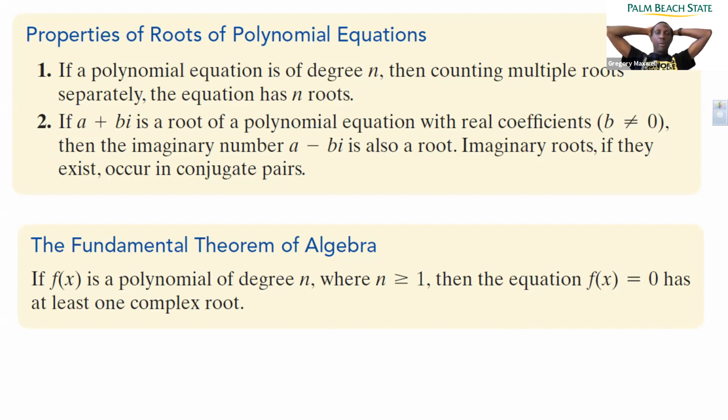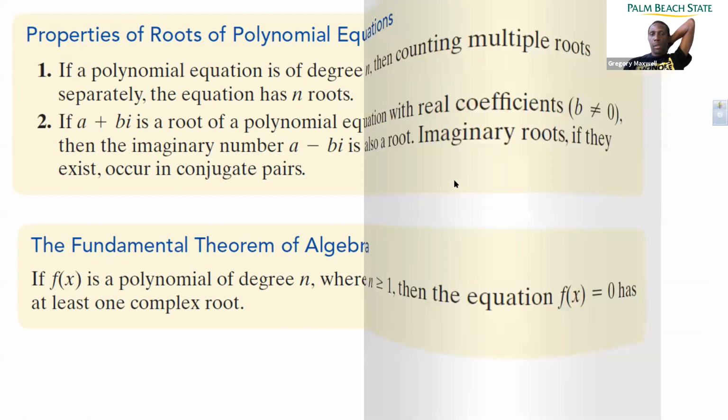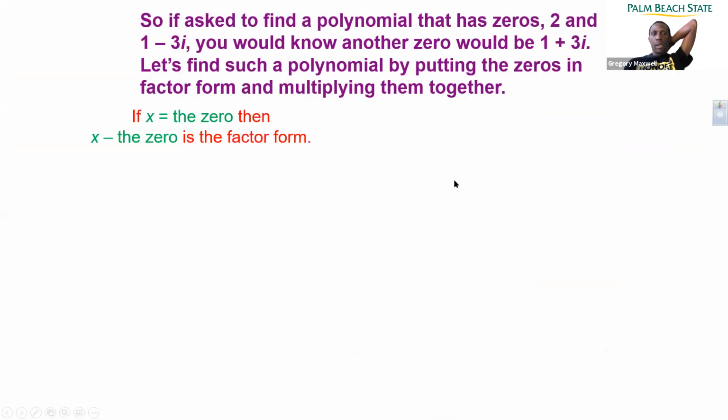All real numbers are complex numbers. And the number of roots, including with multiplicity, is indicated by the degree. If the degree is 5, you'll have 5 roots. Some of them may be the same root twice, or multiple times, but it still counts.